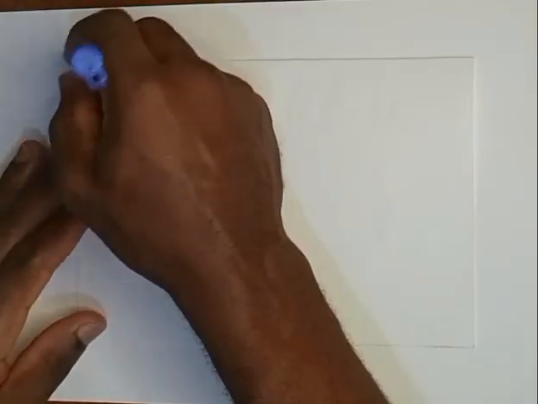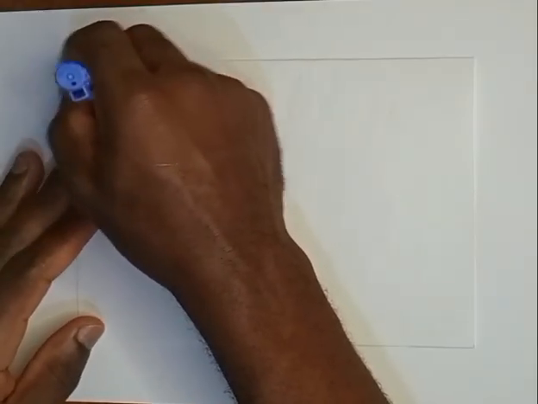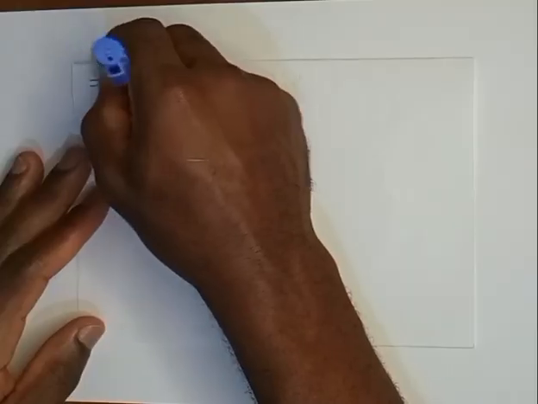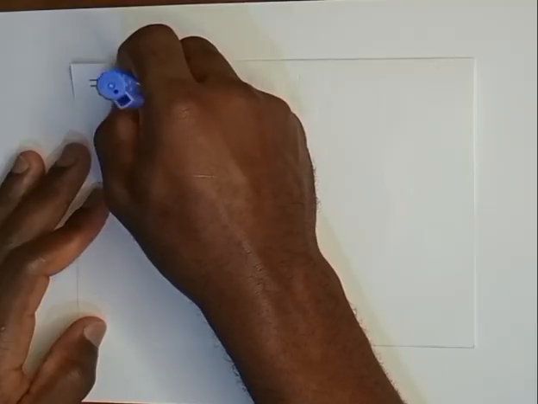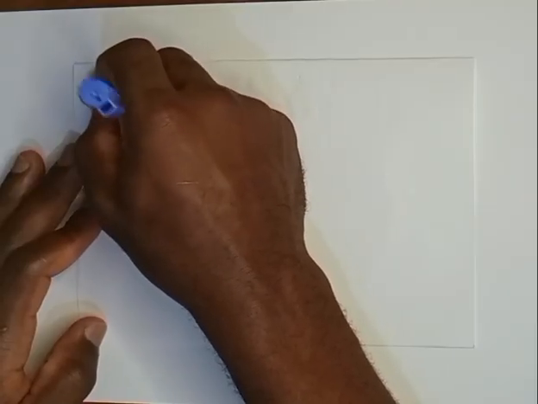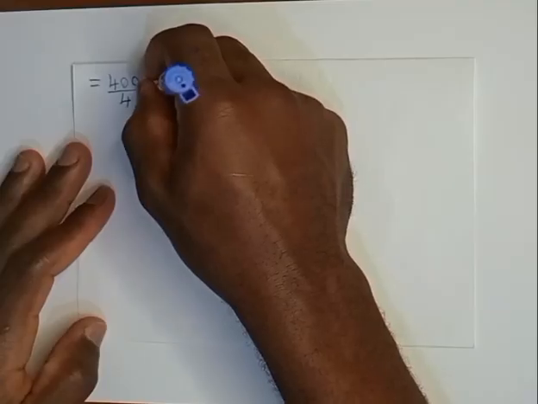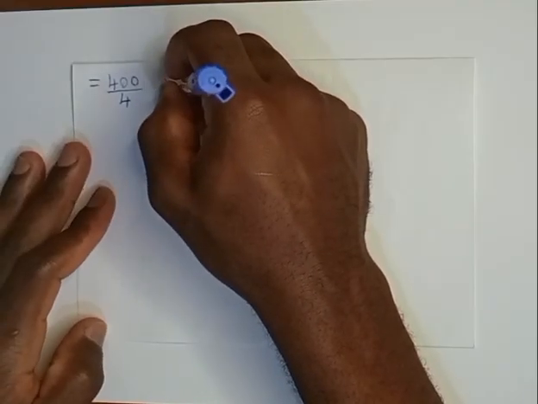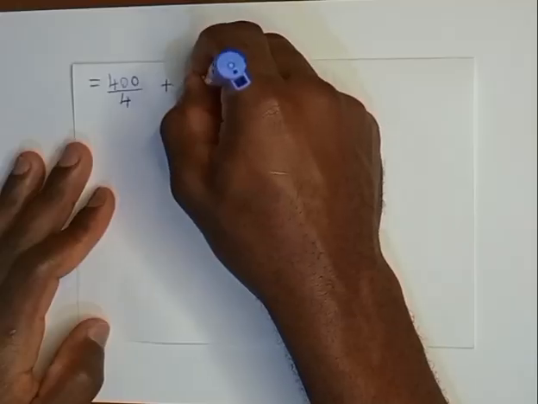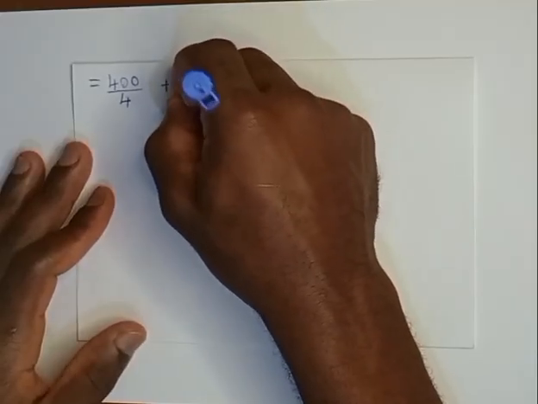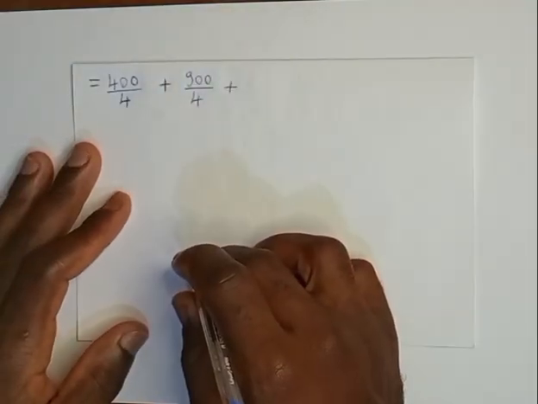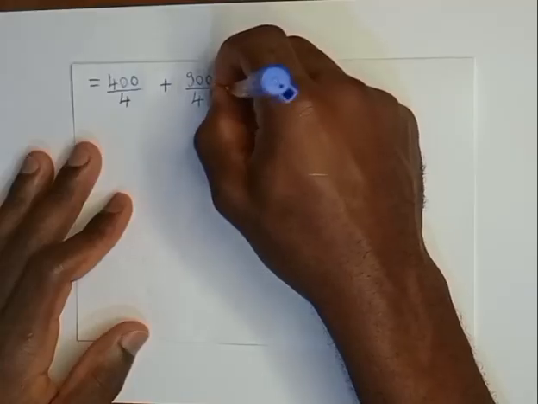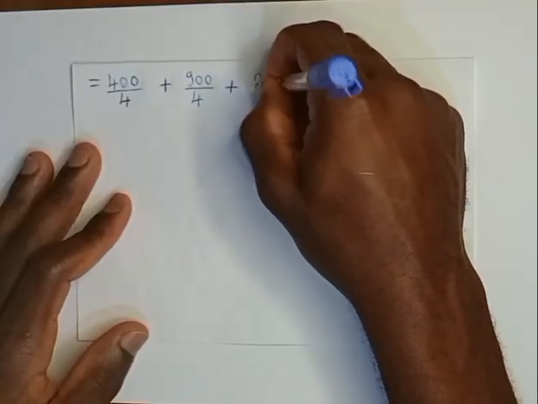Simplifying, 20 squared gives us 400. We multiply by 1/4 gives us 400 over 4, plus 30 squared gives us 900. We multiply by 1/4 gives 900 over 4, plus 45 squared gives us 2025.